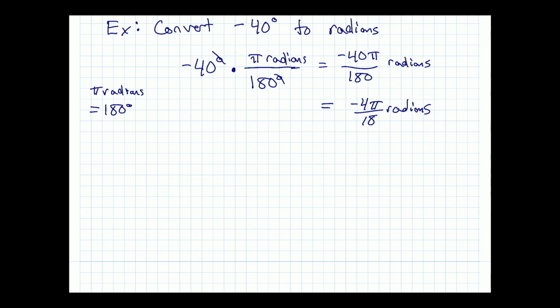And then from there, I can see that 2 goes into both of those. So 2 goes into 4 2 times, 2 goes into 18 9 times. And you get negative 2 over 9 pi radians.